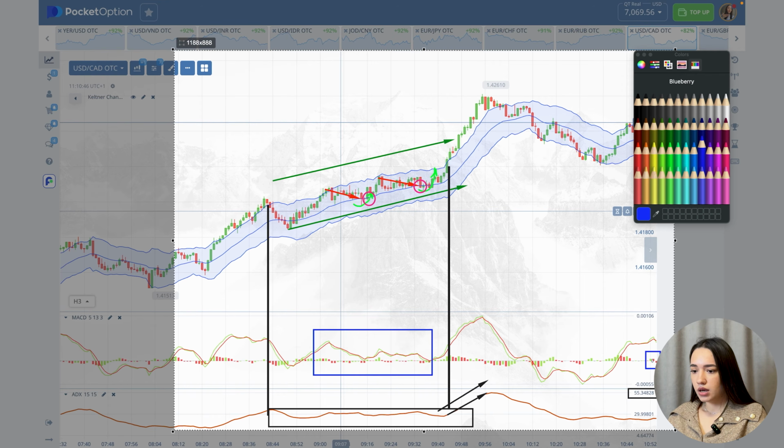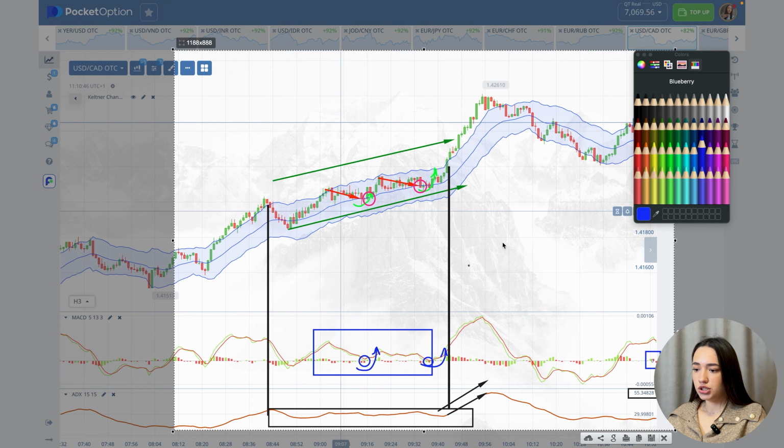At the same time, the MACD histogram shows a crossover of the zero line from below upwards, signaling bullish momentum. We can see right here and here the small breakouts upwards on the histogram. And if all these factors align, we confidently open a buy trade at this section of the trend.